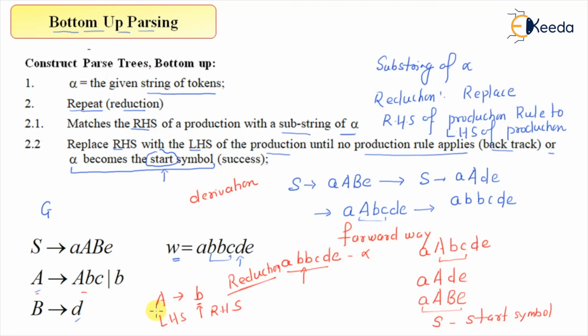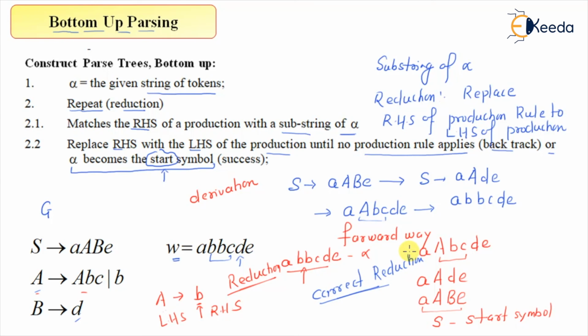In this entire process I'm using the correct reduction steps, and that's why I don't require backtracking.